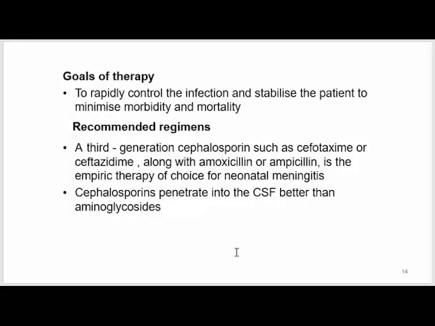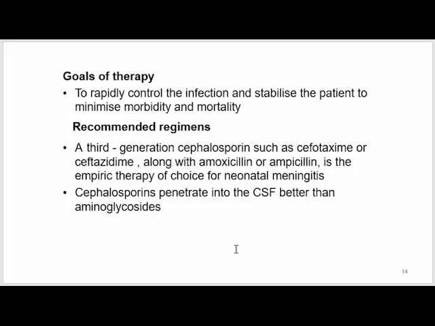Recommended regimen, usually third generation cephalosporins such as cefotaxime or ceftazidime, alongside amoxicillin or ampicillin, are used empirically. Okay.